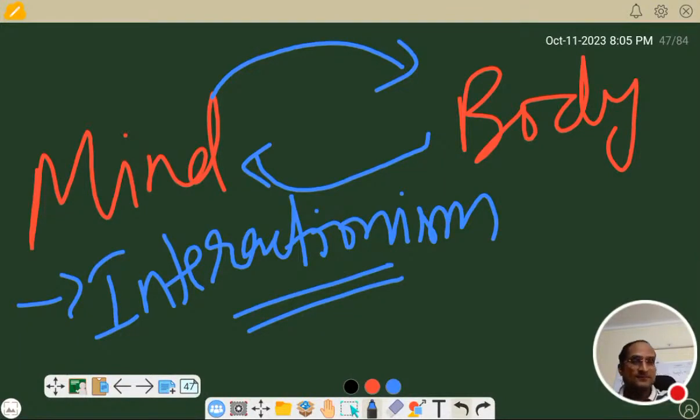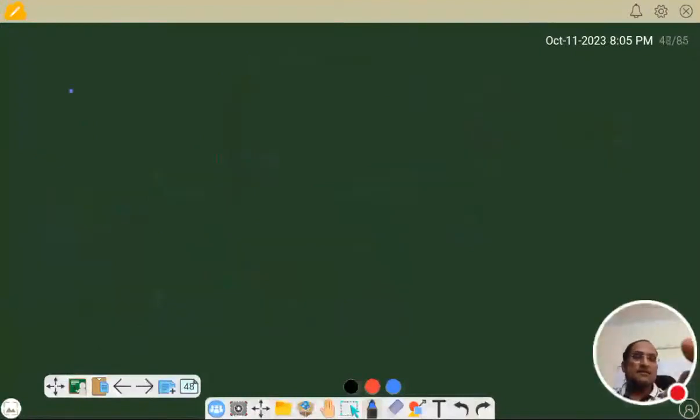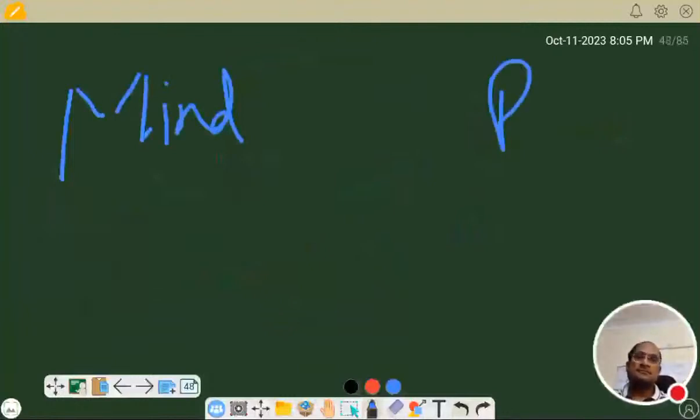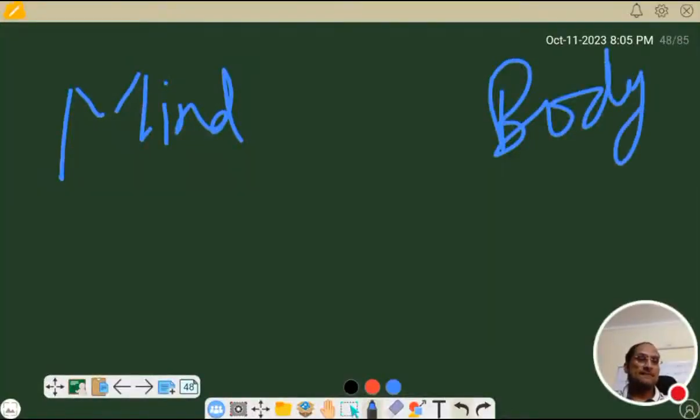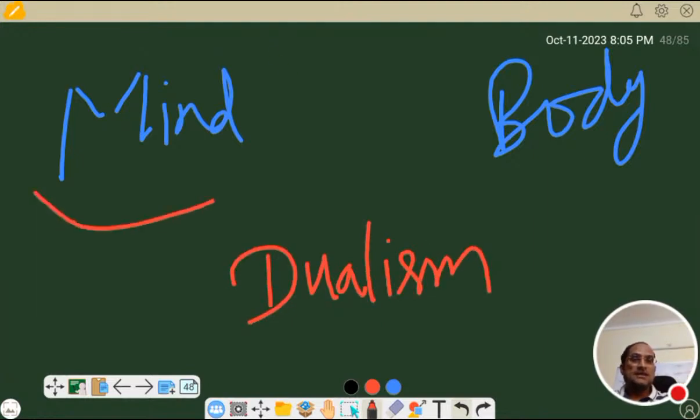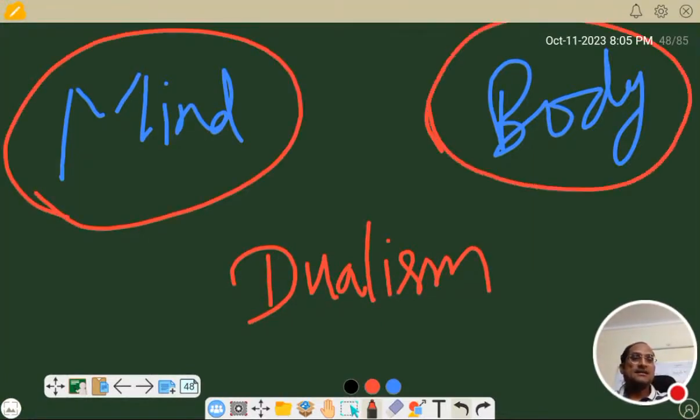Another approach, mind, body, dualism. These two are separate entities. Mind is a separate entity, body is another entity.